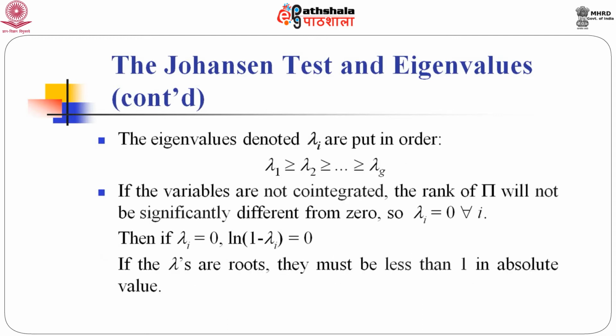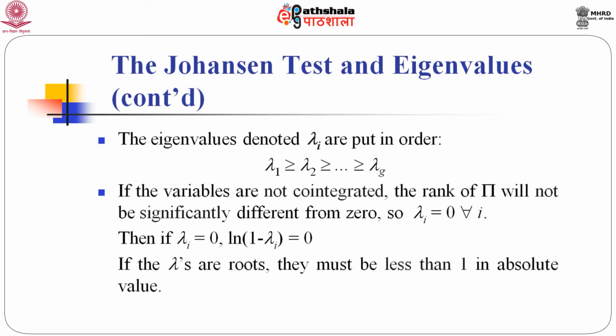Let the eigenvalues be denoted as lambda i, and we can order them as lambda 1 greater than or equal to lambda 2, up to lambda g. If the variables are not co-integrated, the rank of pi will not be significantly different from 0, so that all the eigenvalues are 0. If all the lambda i's are 0, then log of 1 minus lambda i is also 0.